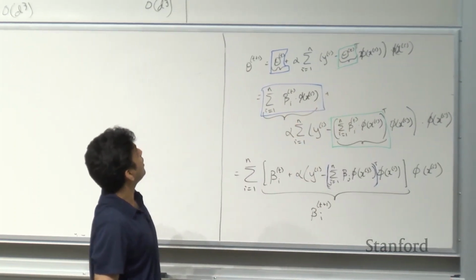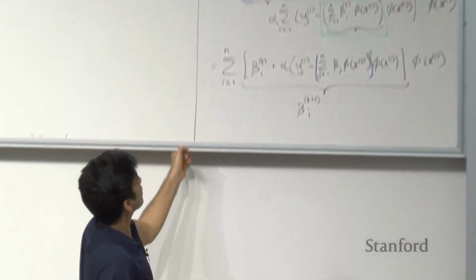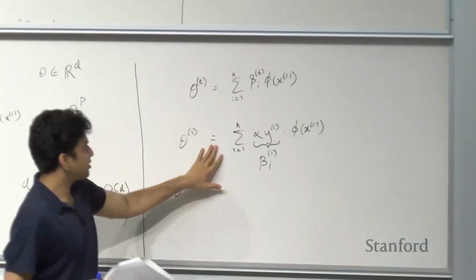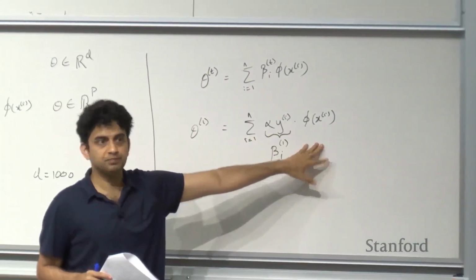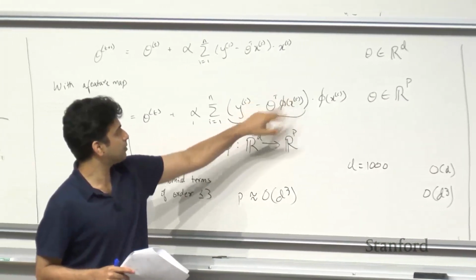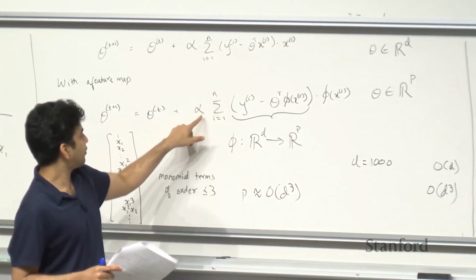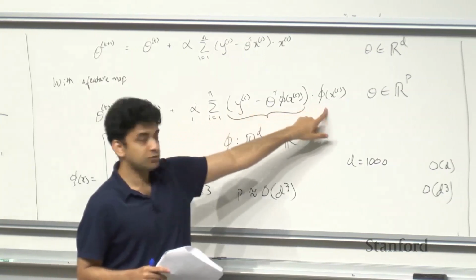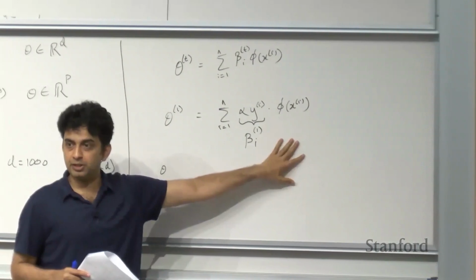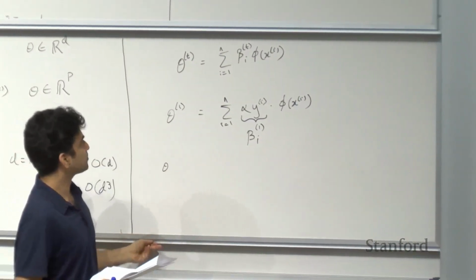And we saw that theta 1 is trivially a linear combination of your features based on this rule, where theta 0 is 0, so this term cancels out, and you get theta 1 equals 0 plus alpha, sum over i from 1 to n, alpha times y i times feature of x i. So theta 1 is trivially a linear combination of our features, right? All good. So that kind of bootstraps our inductive argument.